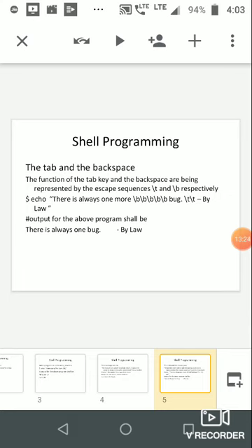So those backspaces are working here, and that's why, including the space, the other letters up to this letter, that is more, are being deleted. That is the main reason why the display looks like that. Then 2 tabs have been used, that's why that much space is being taken, then it is displaying by law. So this is the reason why it is displaying like that.